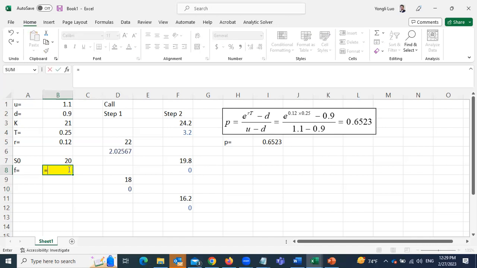This is the risk neutral probability times the value you just calculated here, plus 1 minus the risk neutral probability times the price when it goes down, right?